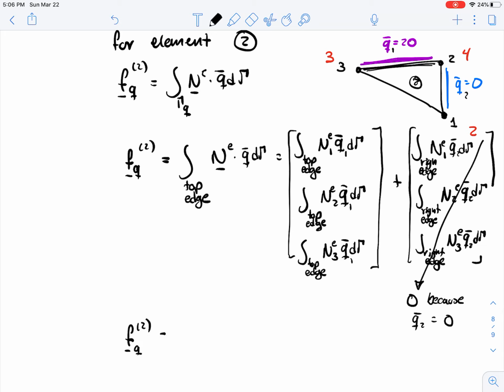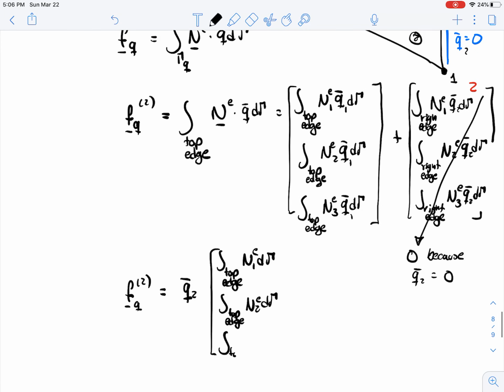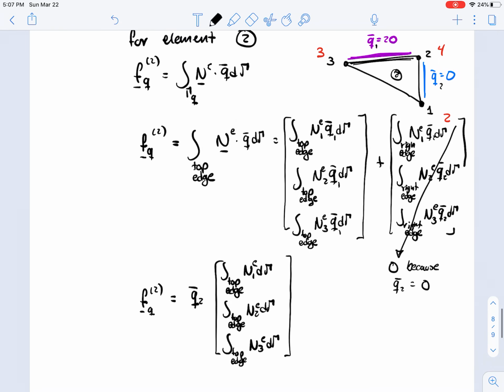So FQ2 is just going to be Q2 bar, which is the 20, times the integral over the top edge of n1, the integral over the top edge of n2, and the integral over the top edge of n3. And we'll do some magic here.